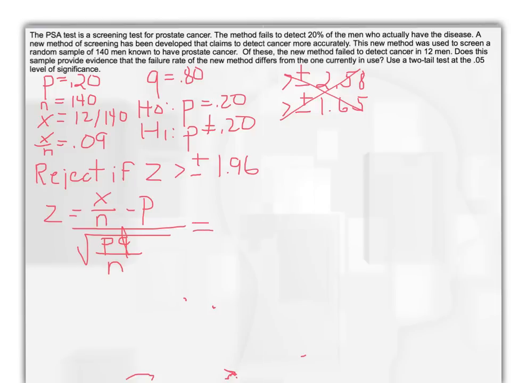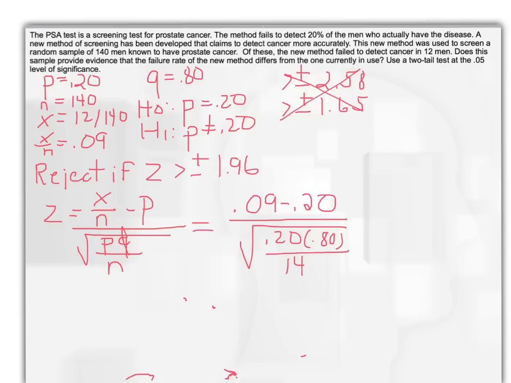So when we substitute our values, we're going to have 9% minus 20%, and we're going to divide that by the square root of the variance of the proportion, which is 20% times its complement, 80%, divided by our sample size, which is 140.